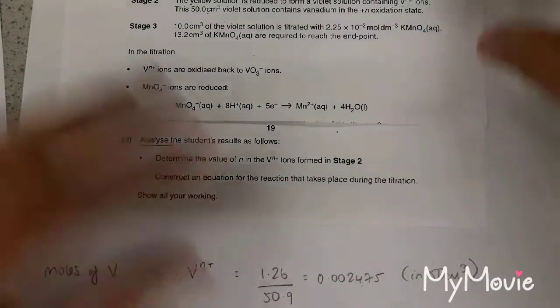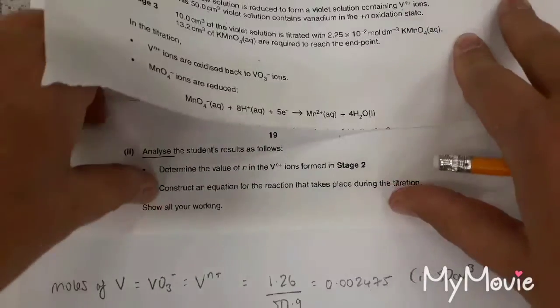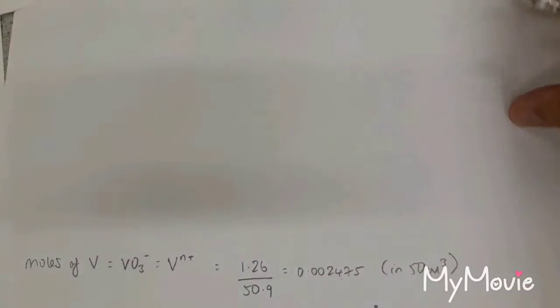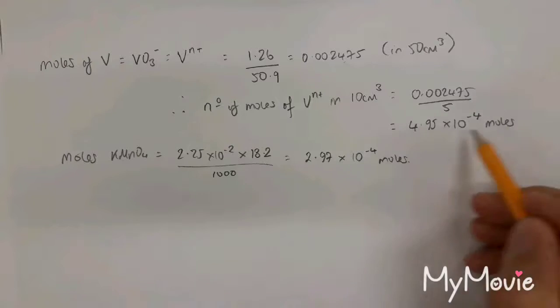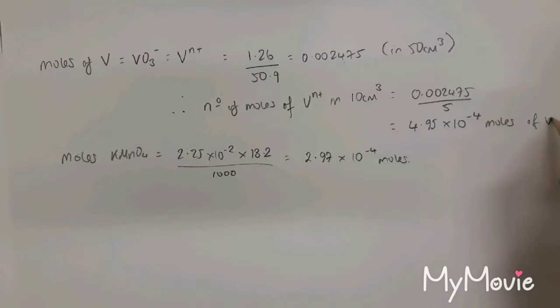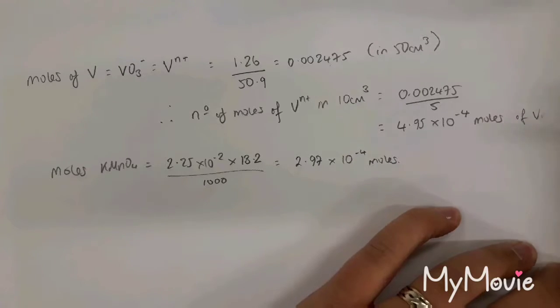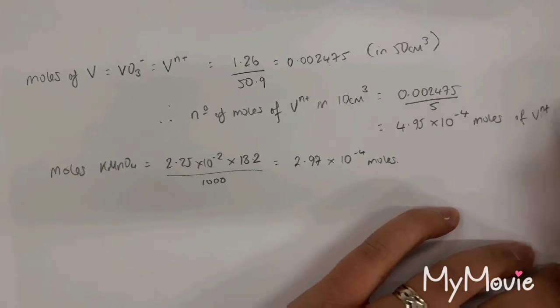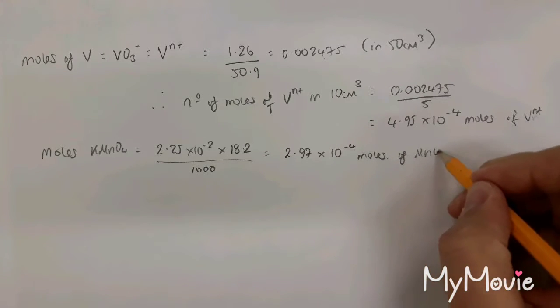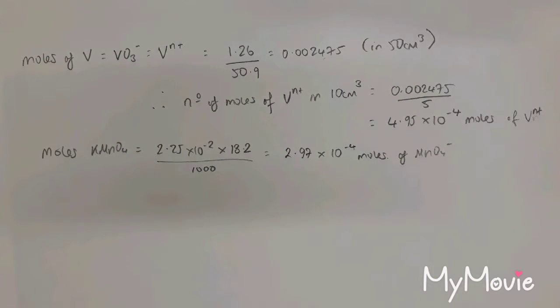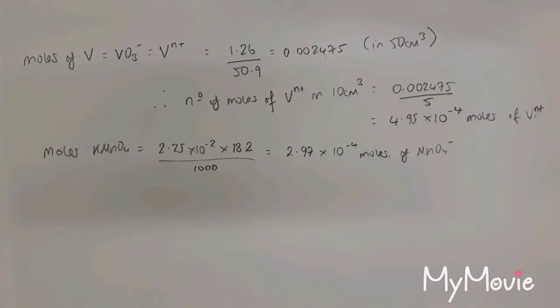Now we've got, from our initial calculations, our moles of the Vn+, and here is the moles of the MnO4-, the potassium permanganate or the manganate ions, which is the important bit.